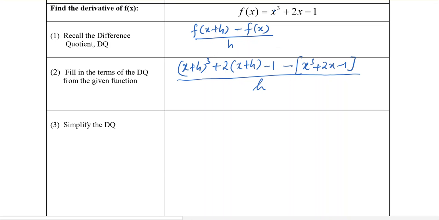In order to simplify x plus h whole cube, either you can use the formula if you remember it, or you can just do the expansion.